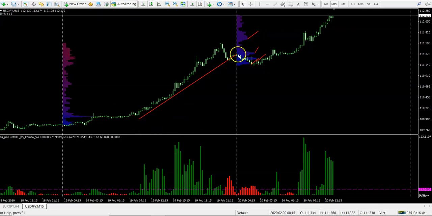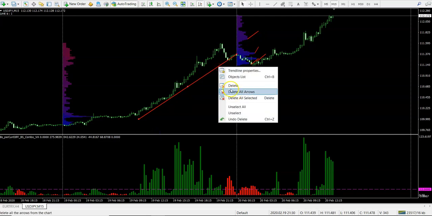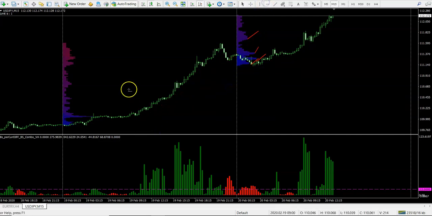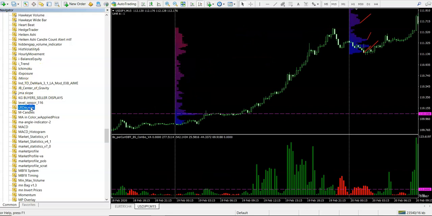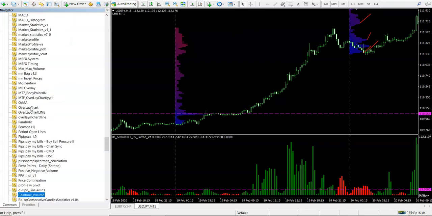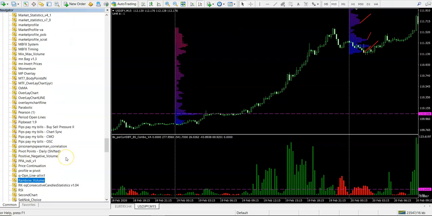So in this particular case, the simple thing to do is identify those zones. For example, this is my zone on USD JPY, 110.05, right? Another trick that you can do here is to use a round number indicator.